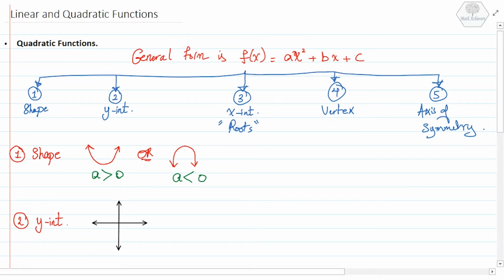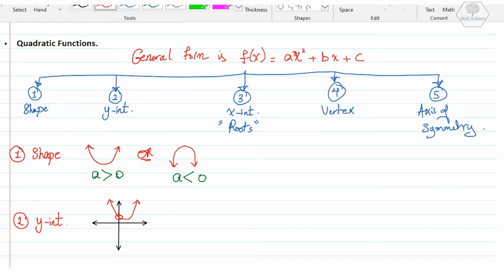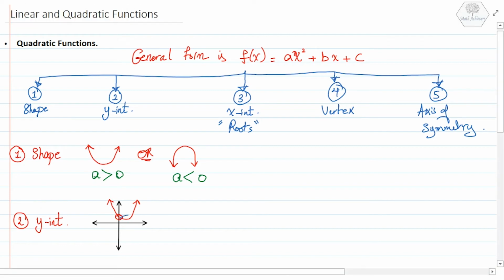The curve would be, if I have this curve, then the y-intercept is where the curve crosses the y-axis at this point. At this point, I know that the x coordinate is equal to 0. So the y-intercept is simply when x is equal to 0.